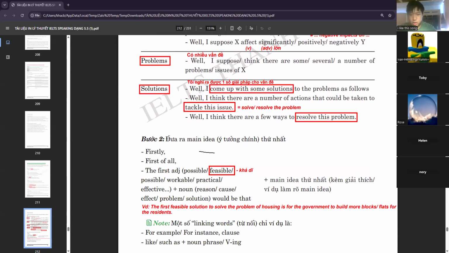Now you need to give out your first main idea. As always, to introduce an idea, you need to say firstly or first of all. Linking words are pretty important for high cohesion and coherence scores. Without linking words, they will not mark you high for cohesion and coherence, and cohesion and coherence is the backbone of everything.